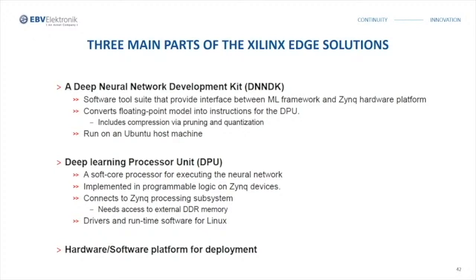This is a set of different tools which allows us to translate the data from the originally trained model and implement the model into the edge, the embedded device. The second very important part is the deep learning processing unit, which is IP implemented into the programmable logic part of the XILINX system on chips. And the third part is the hardware software platform for deployment.